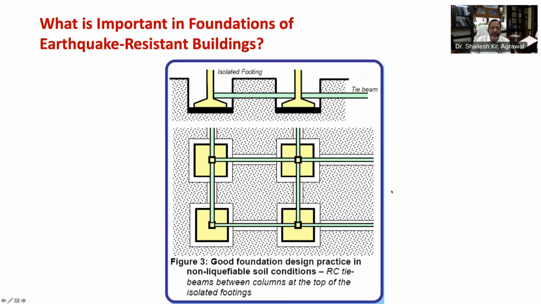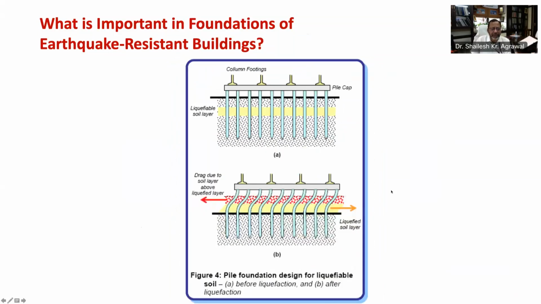On the other hand, if soil underneath is soft, other foundation type may become necessary, that is raft foundation or pile foundation. But if the soil is susceptible to liquefaction, either ground improvement must be undertaken or the foundation must be carefully designed such that it can carry the load even after vulnerable soil layers have liquefied, as you can see in this figure. In case of pile or well foundation, layers susceptible to liquefaction should be neglected in estimating stiffness and strength of soil system, as piles bypass these layers.